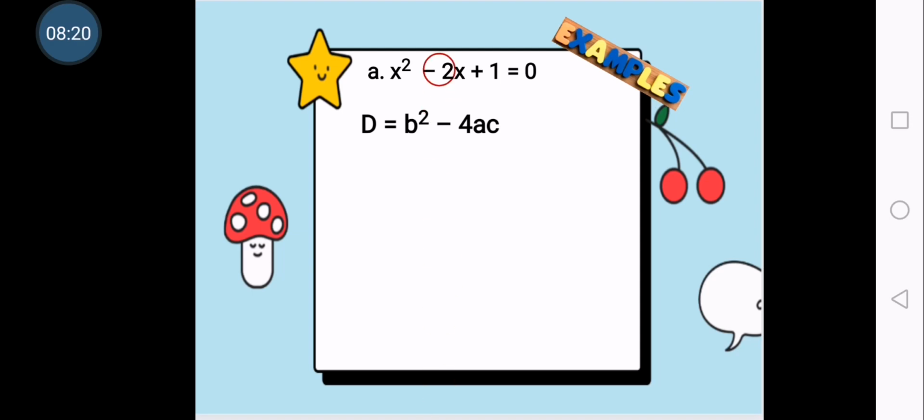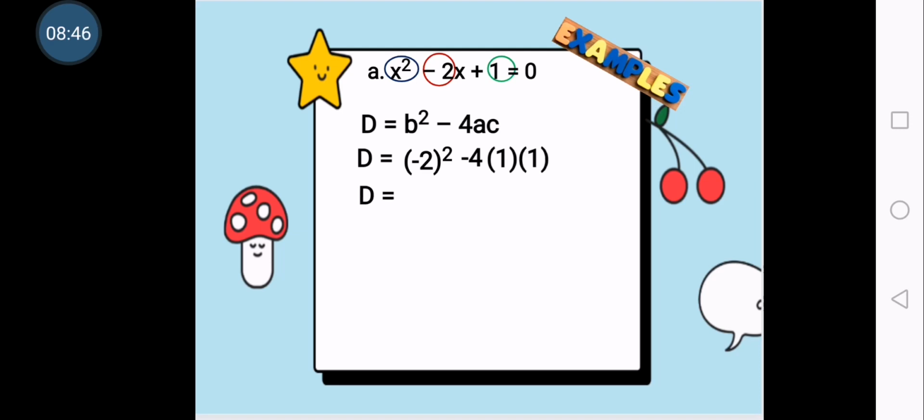So, the value of b is negative 2. Kaya, substitute natin, negative 2 raised to 2 minus 4. Sabi ko nga kanina, yung priming natin kanina, yung panambungad na practice, ay dito natin siya magagamit. So, value of a is 1, and the value of c is positive 1.